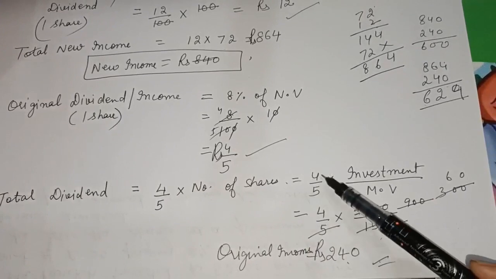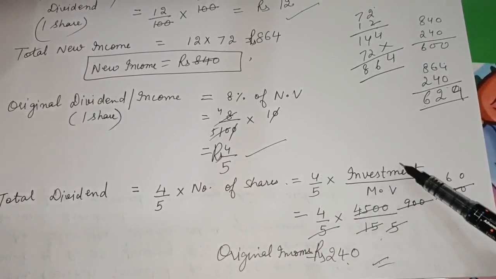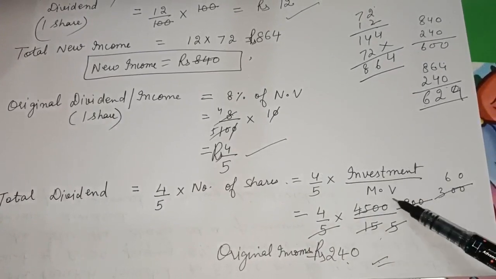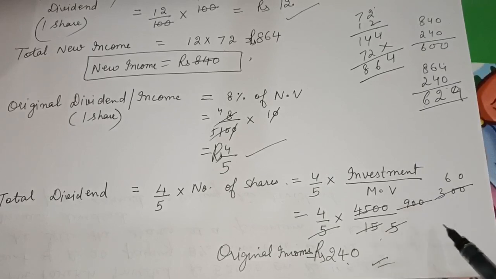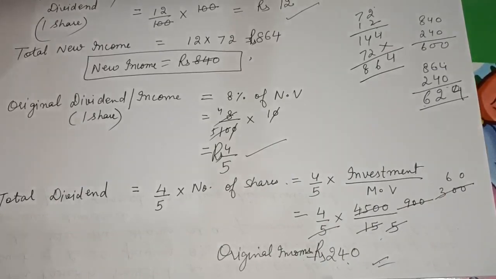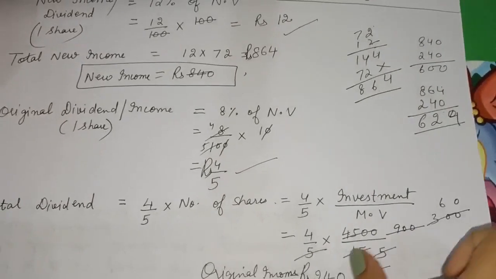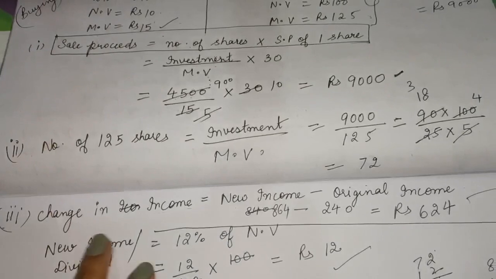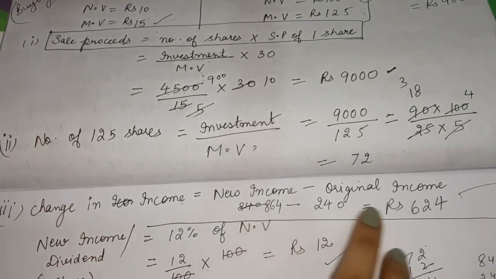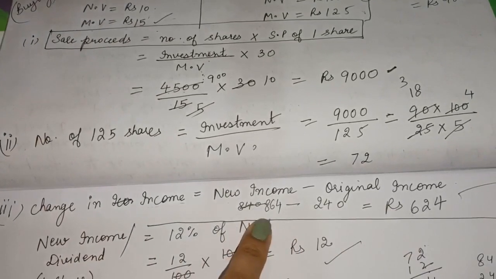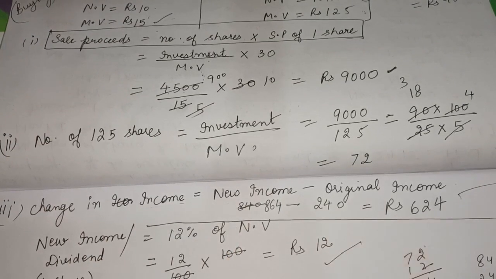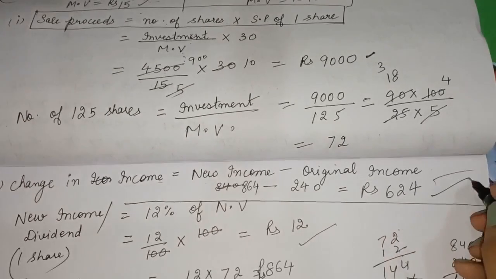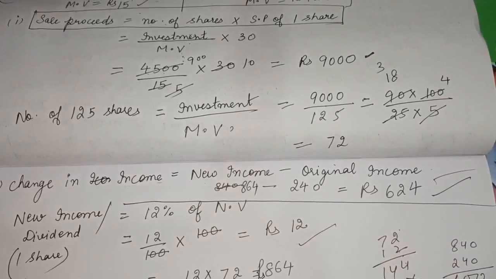So for that reason we found the number of shares by using this formula, investment by MV. After doing all the calculation, we got income as 240. So here we just substituted: change in income is equal to new income minus original income. New income was 864 minus 240, which we got as 624. With this the question is completed.